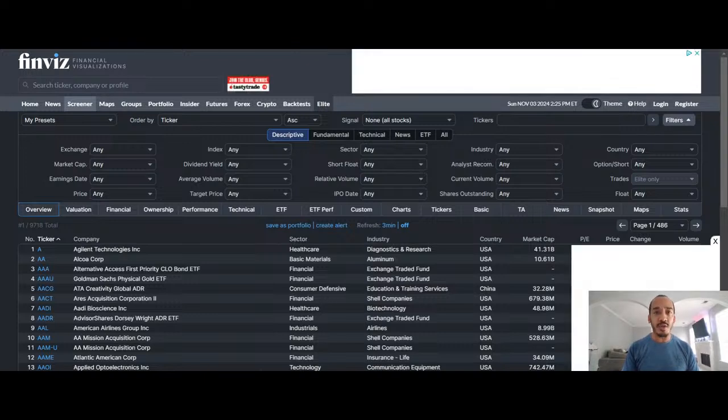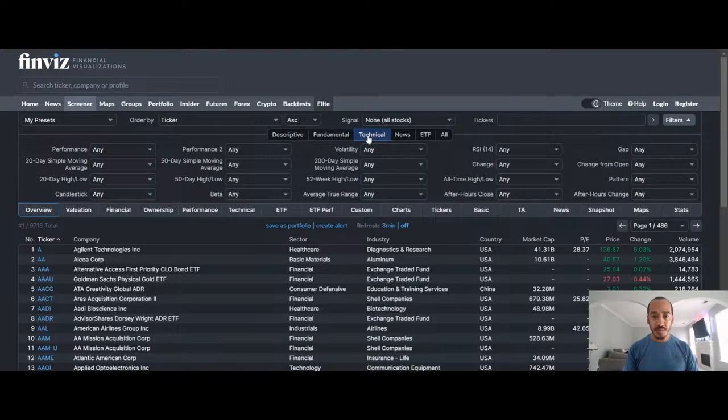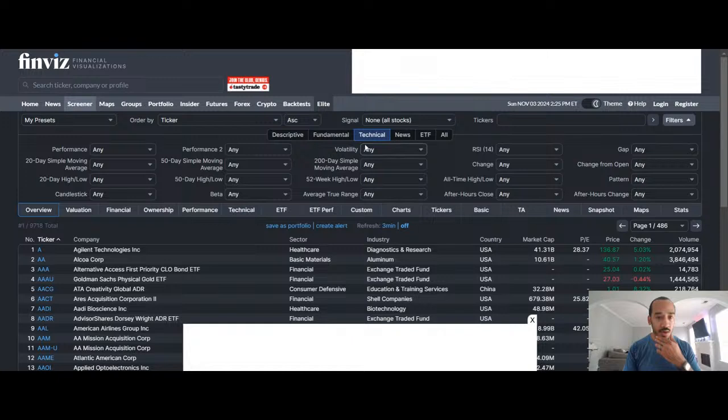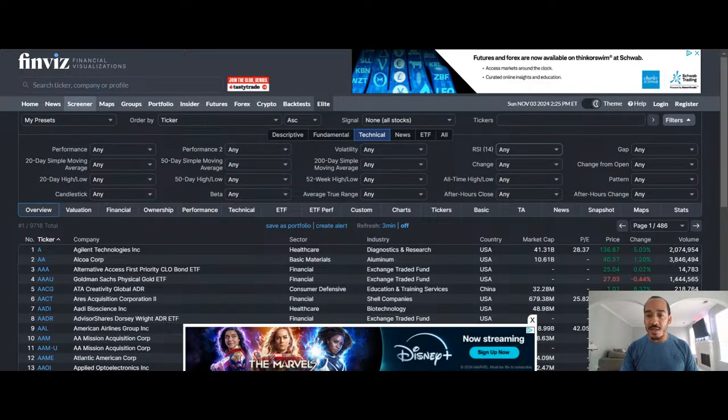Okay, so now in the screener, you could play with it and tell it what you're looking for. So I go over to technicals because that's where the chart and stuff like that. So you go to technicals, RSI. Let's go to RSI oversold 20.